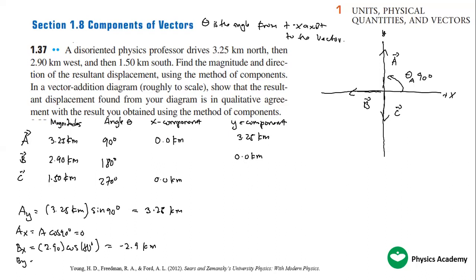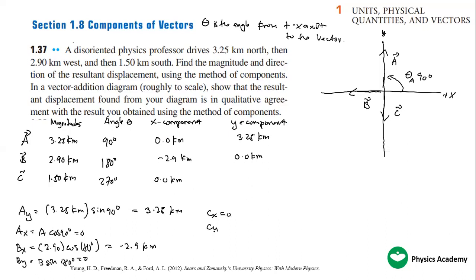Your By is equal to B sine of 180 degrees, which is equal to 0. Sine of 180 is 0. So we have negative 2.9 kilometers, and your Cx is equal to 0.